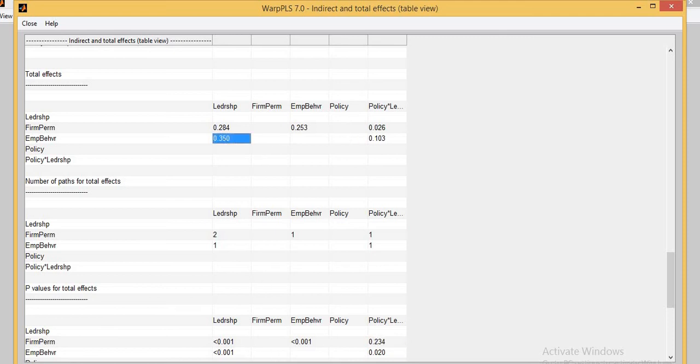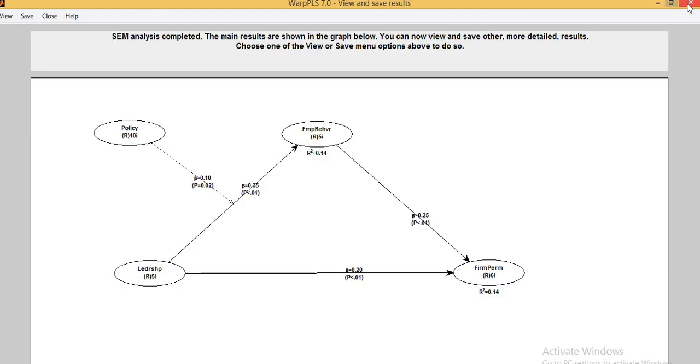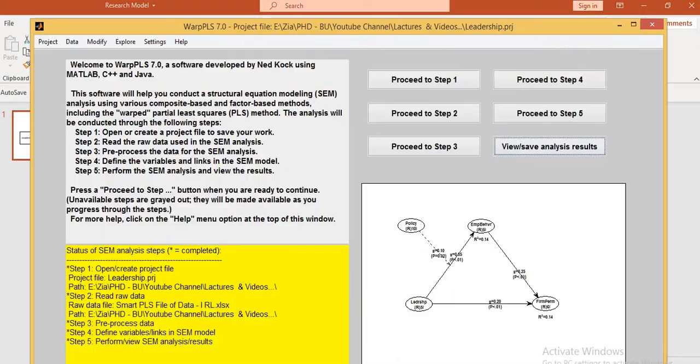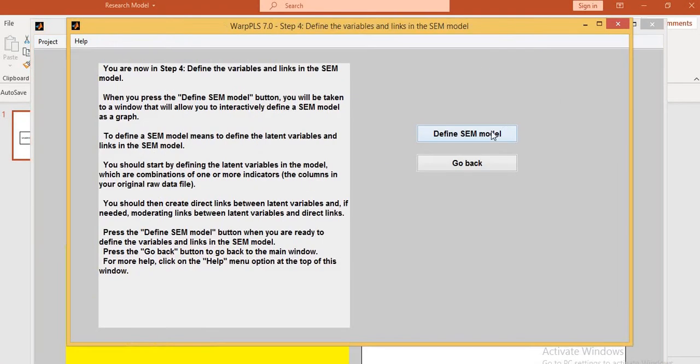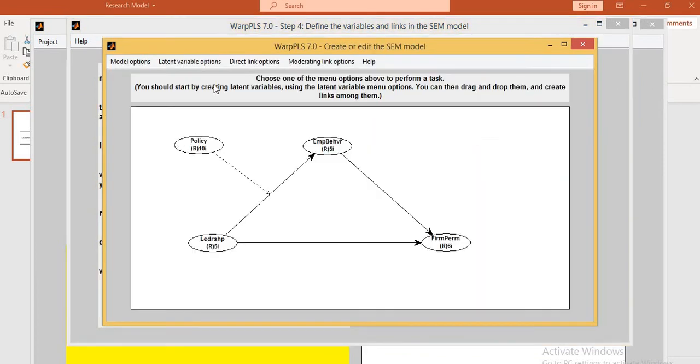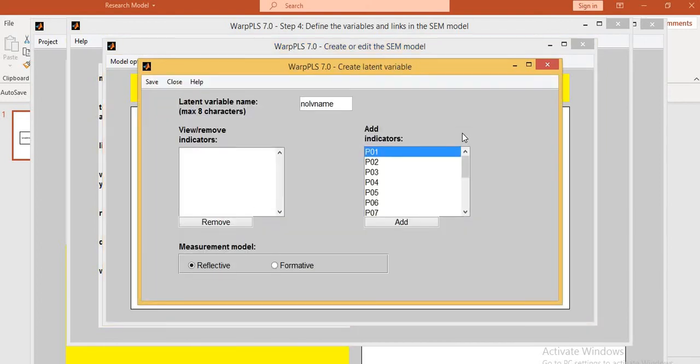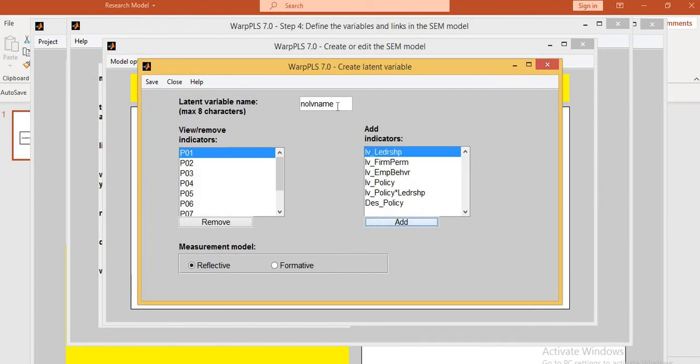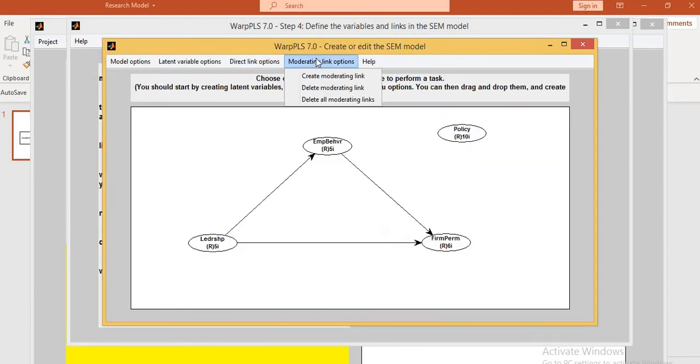Similarly, this is structural equation modeling. What happens when I change the structure of my model? Look at this. Proceed to step 4, define SEM. If I delete the latent variable and create the latent variable, if I draw the policy here, save, create moderated link.